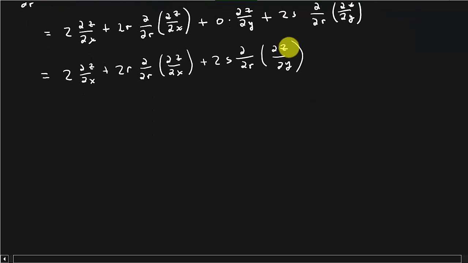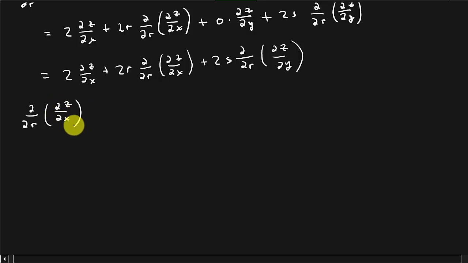So let's look at that. We're going to come down here separately and do that. I've got the partial with respect to r of the partial of z with respect to x.